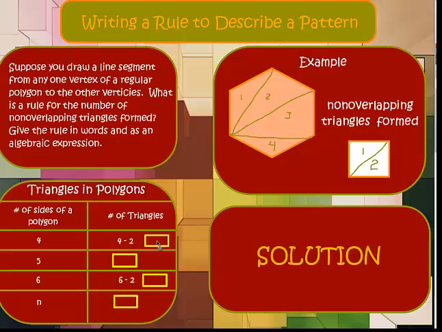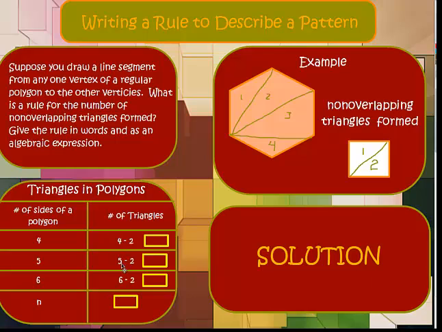So 4 minus 2 gives me my 2 triangles. So what do we think is going to happen here? If we had a 5-sided shape, a pentagon, and we made triangles from the vertices, we're going to end up with 3 triangles. In other words, 5 minus 2.